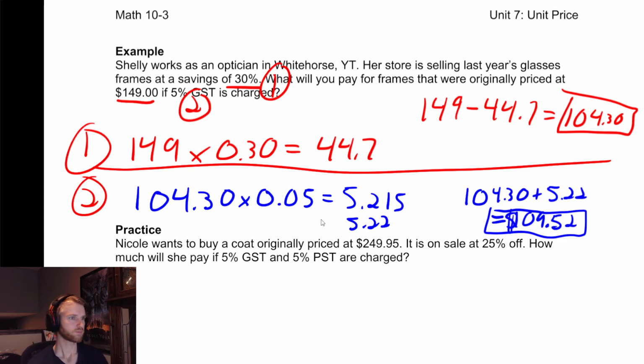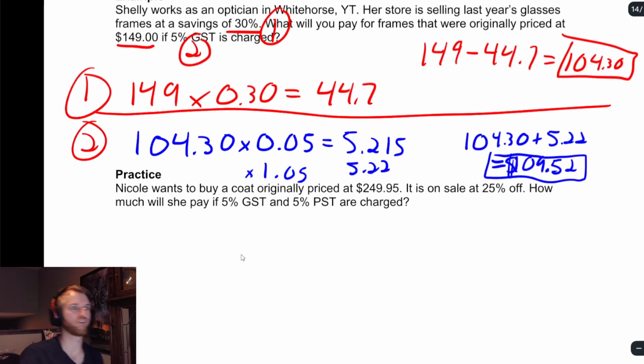We also could have, instead of adding it here, said 105% instead of just 5%. That would have done this for us. The 100% is our normal price, and then 5% more would be the GST. So if we had put this into our calculator as this times 1.05 instead, that would have given us this answer and saved us that extra step.